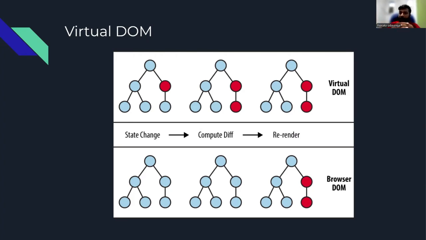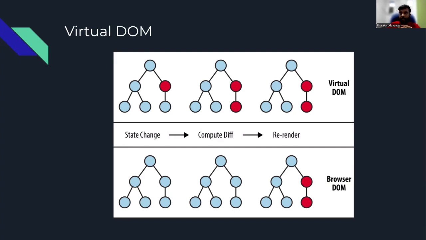So React is not dealing with the real DOM directly. In the real DOM, it's very expensive because they do these DOM updates at once. But in React, it's not like that. React keeps a virtual DOM, a copy of the real DOM. Then it compares.